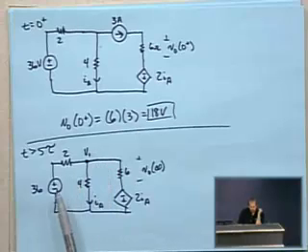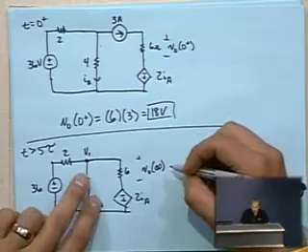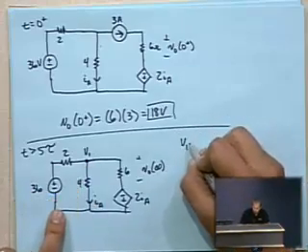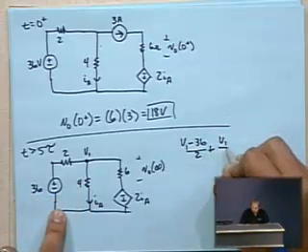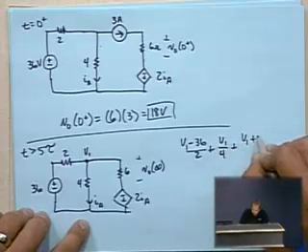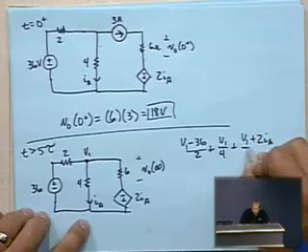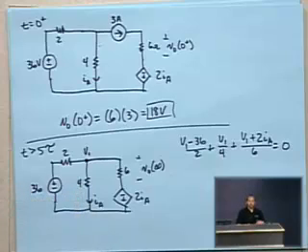What you have then are two voltage sources, and we really only have to write the single node equation. That single node equation will look like (V1 minus 36) over 2 plus V1 over 4 plus (V1 plus 2IA) over 6 equals 0. And it becomes a plus because it's V1 minus a negative 2IA.